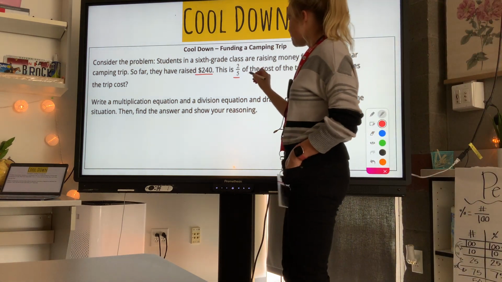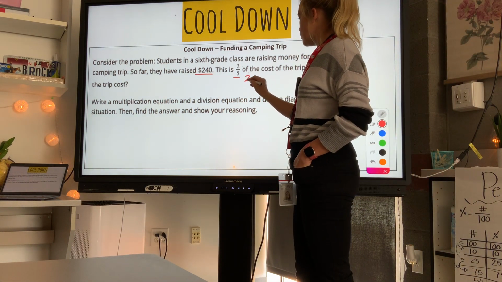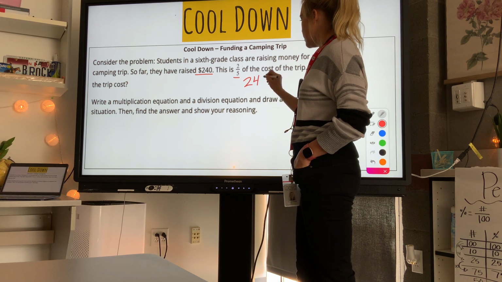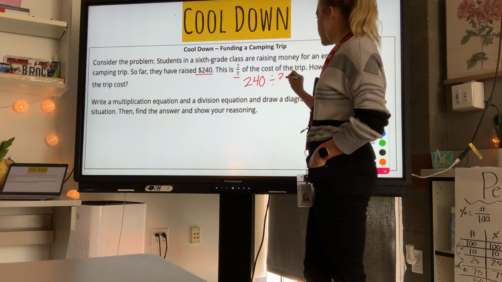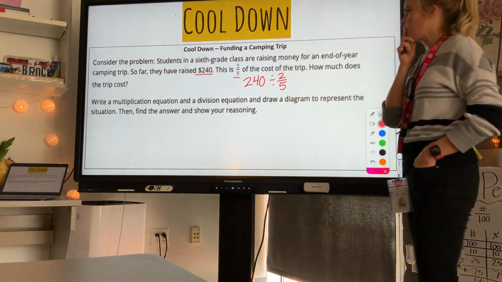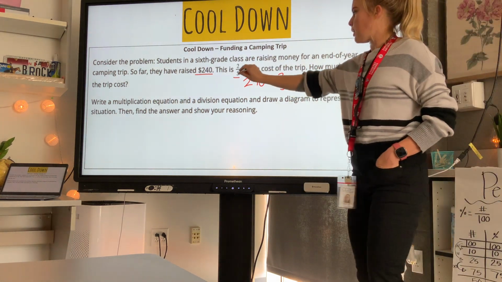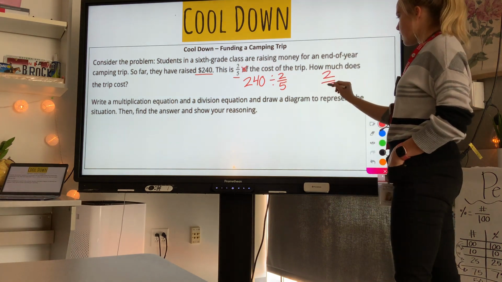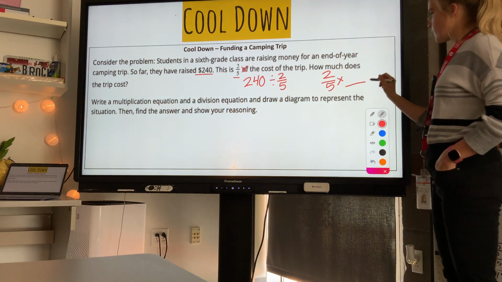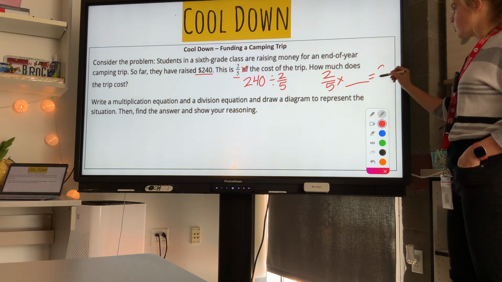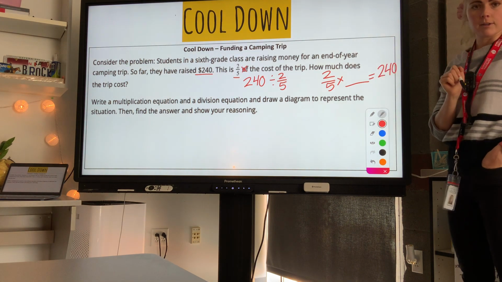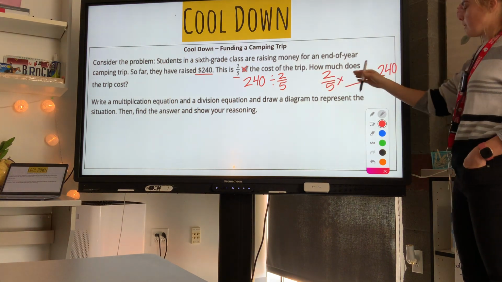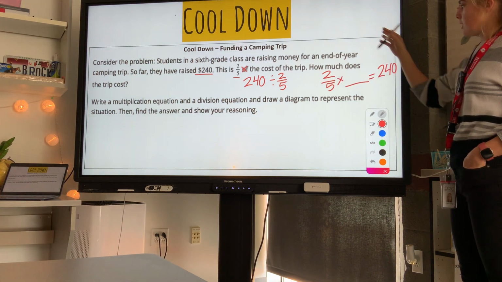So in other words, we could do 240 divided by how much they have done on the trip. Another way we could think about it is 2/5 of means multiply. So 2/5 of the cost of the total trip equals 240. Okay? So we need to figure out what that is. What we do to find what that is, take the answer and divide it by 2/5.